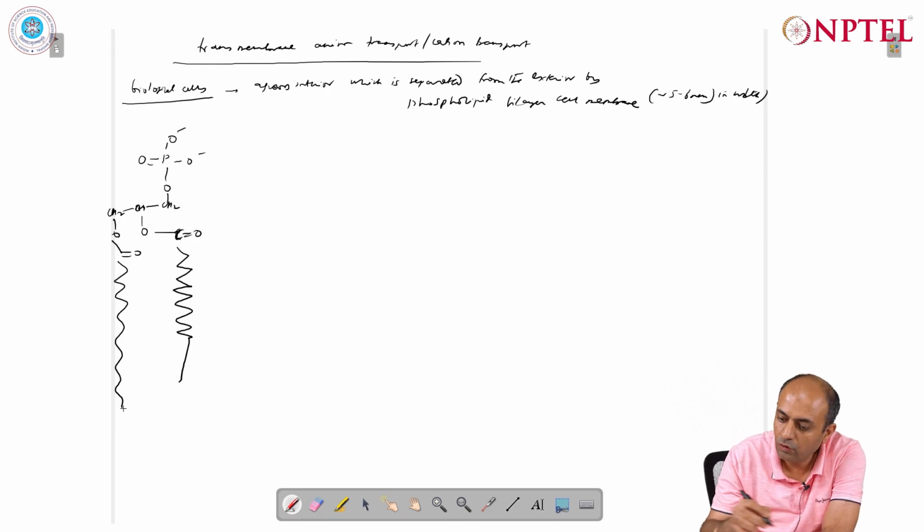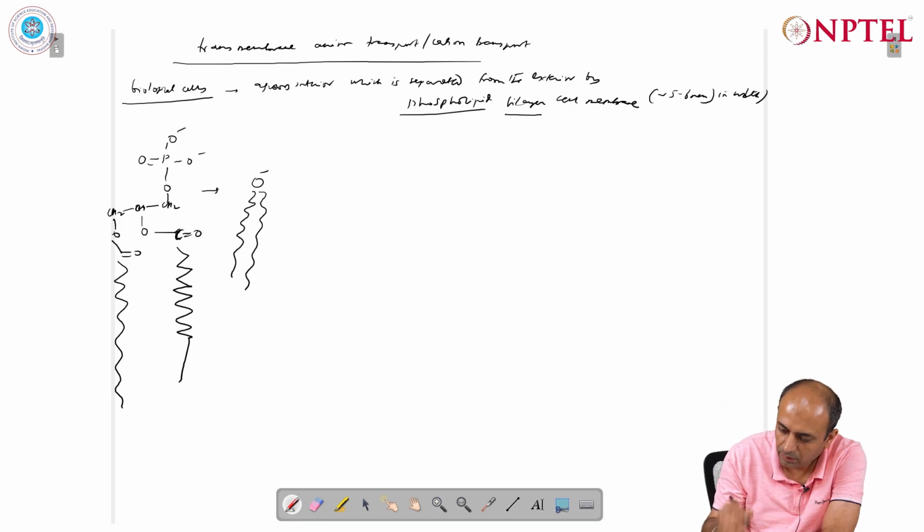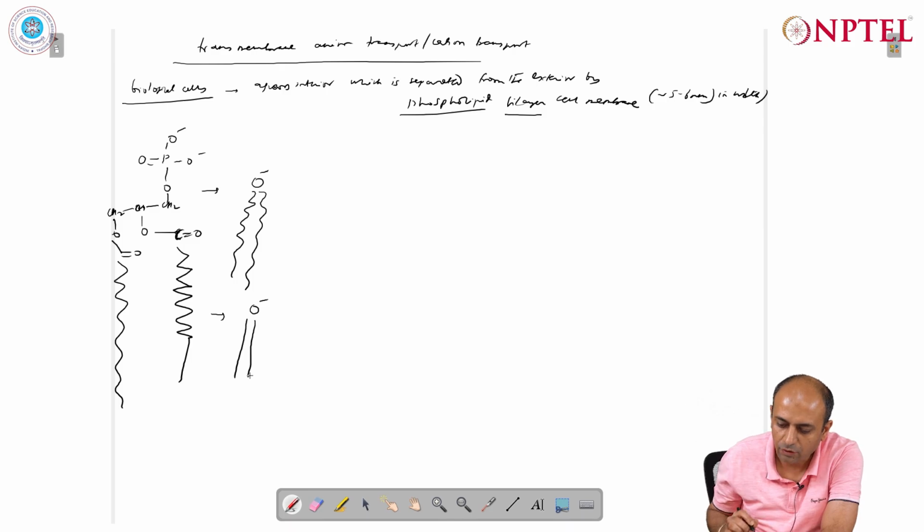So this is a phospholipid bilayer, and this we can represent as a negatively charged species which represents the phosphate anion, and then we have this corresponding hydrophobic backbone. For the case of simplicity, I will also write it as follows.